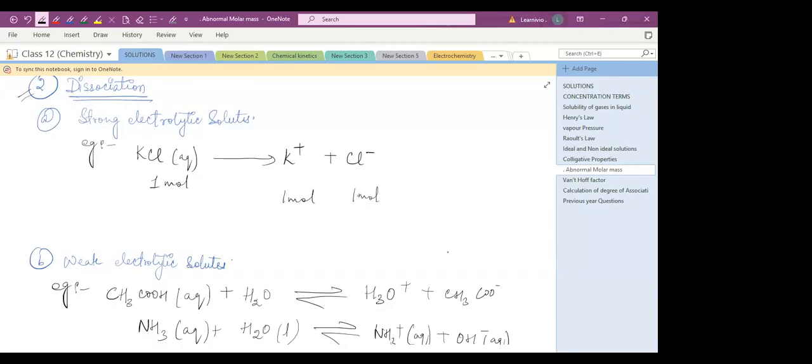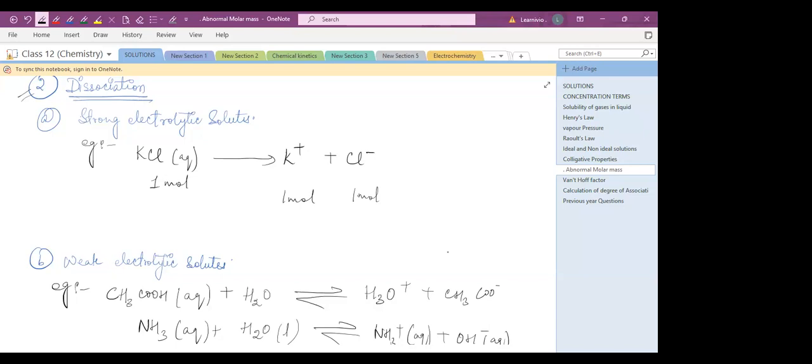Okay, so just remember how abnormal molecular mass arises. It's due to association and dissociation. In association, solute molecules combine to form larger molecules, larger aggregates, which reduce the number of particles in the solution and increase the apparent molar mass.